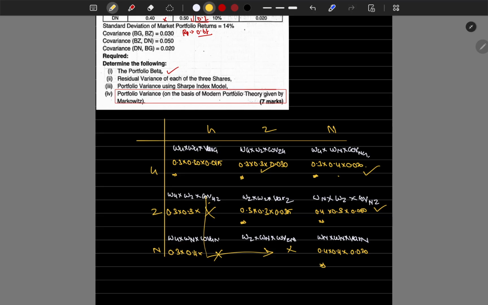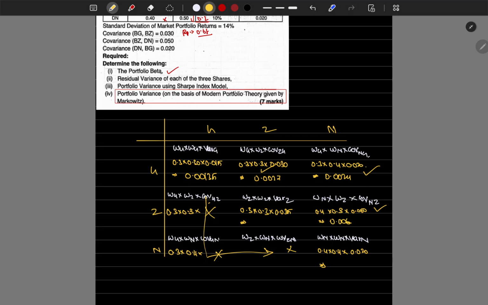So okay, now 0.3 into 0.3 into 0.015, which is 0.3 into 0.3 into 0.030, which is 0.027. 0.3 into 0.4 into 0.020, which is 0.0024. 0.4 into 0.3 into 0.050, which is 0.06.